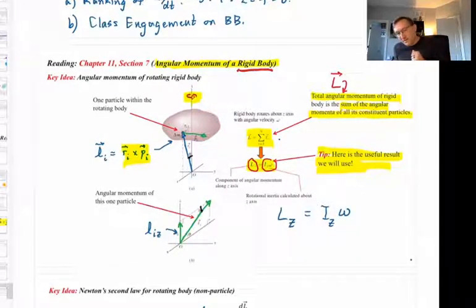That's what this means. What they really mean, though, is the component of the total angular momentum along the axis of rotation equals the rotational inertia about the axis of rotation times the angular velocity about that axis. L equals I omega. You can think of that as the rotational version of p equals mv.